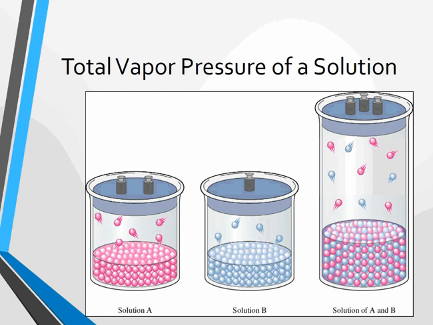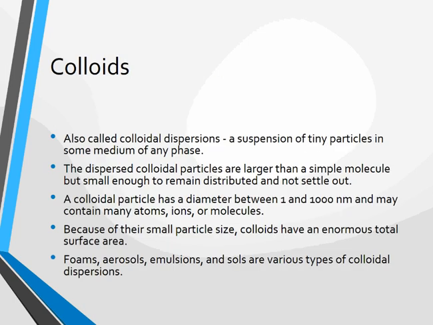Very interesting stuff. Colloids. Colloids are also called colloidal dispersions. They are a suspension of tiny particles in some medium of any phase. You can have solid in gas, liquid in solid, etc. The dispersed colloidal particles are larger than the simple molecule, but small enough to remain distributed and not settle out of the system.